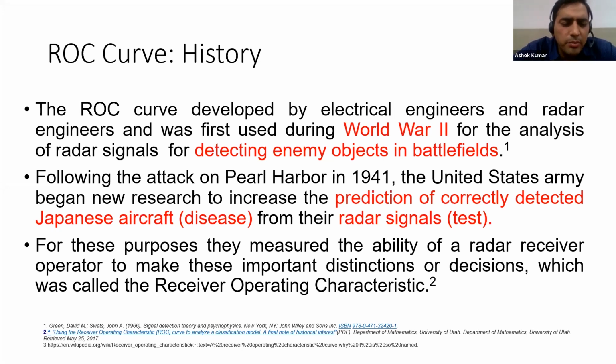Here, Japanese aircraft we can assume to be the disease, and radar signals mean the test kit, the test. For these purposes, they measured the ability of a radar receiver operator to make these important distinctions or decisions, which was called the receiver operating characteristic.